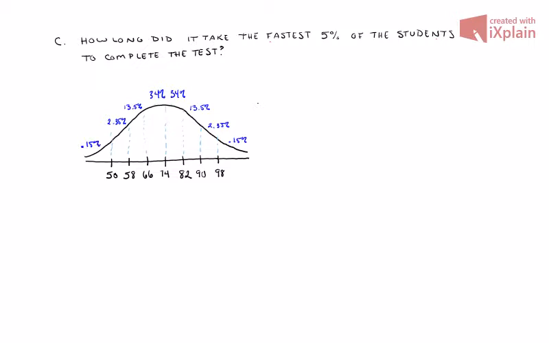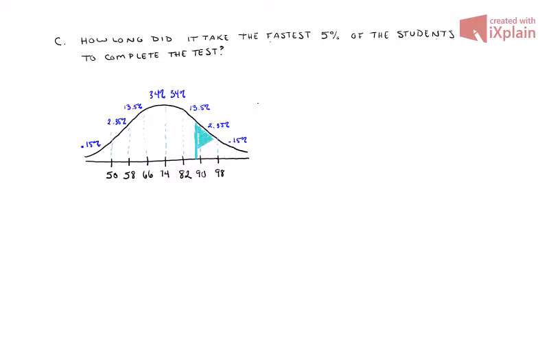So my top 5%, I'm wanting to look around in this area. At this point I'm only at 2.5, so maybe I'm about here is roughly where the top 5% is.